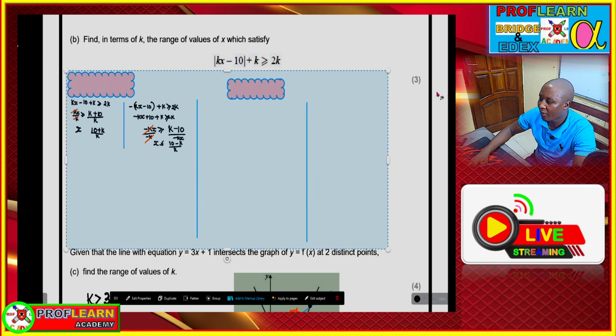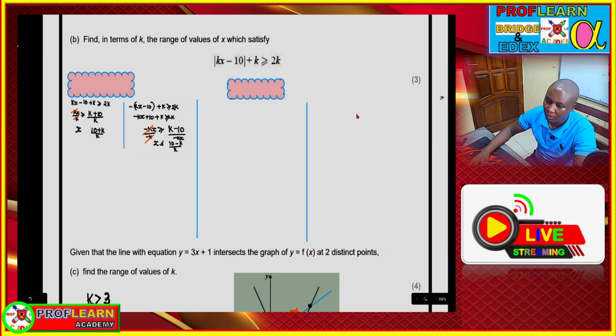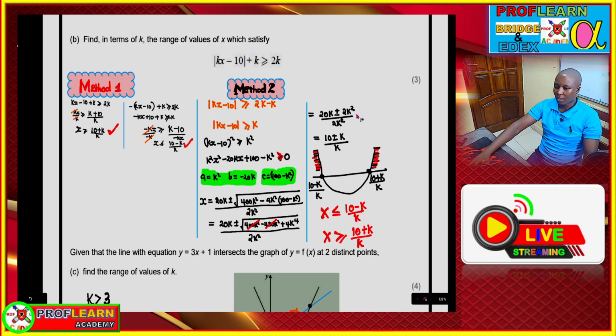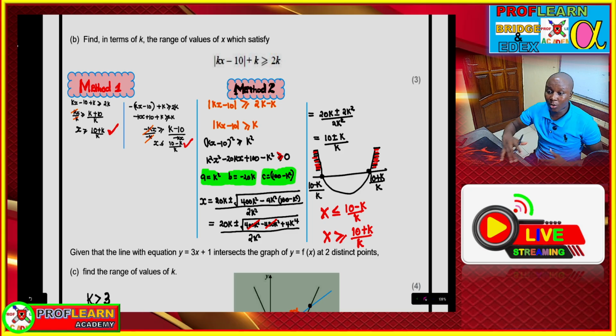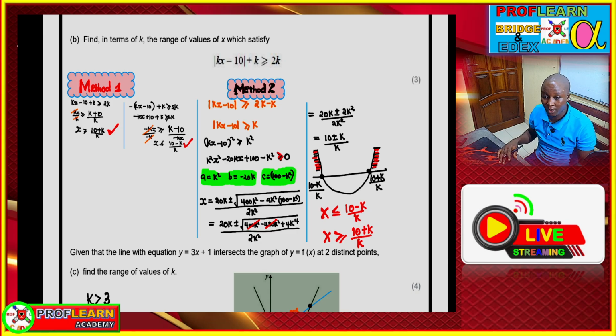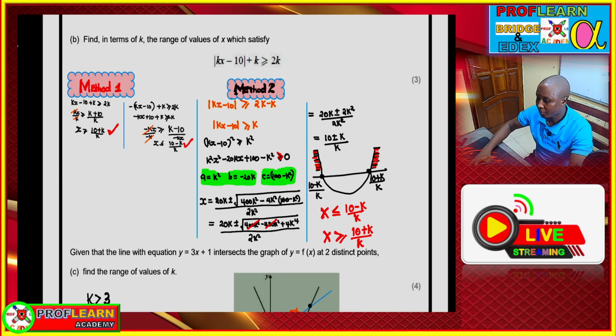The one that you find easier, use it. Don't go ahead in an exam to try to use a method that is not easier for you. Don't show an examiner how powerful you are by using a particular formula. Use the formula that you understand. So every time you're given a question in an exam, make sure you use a formula that you understand in that particular case.